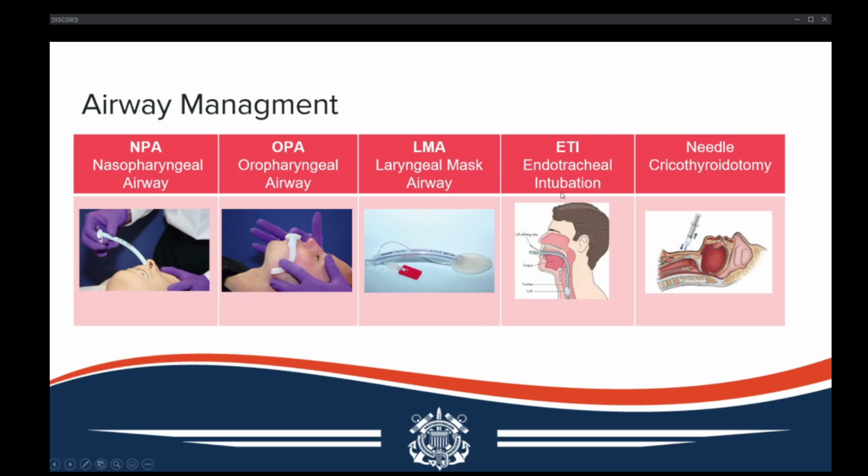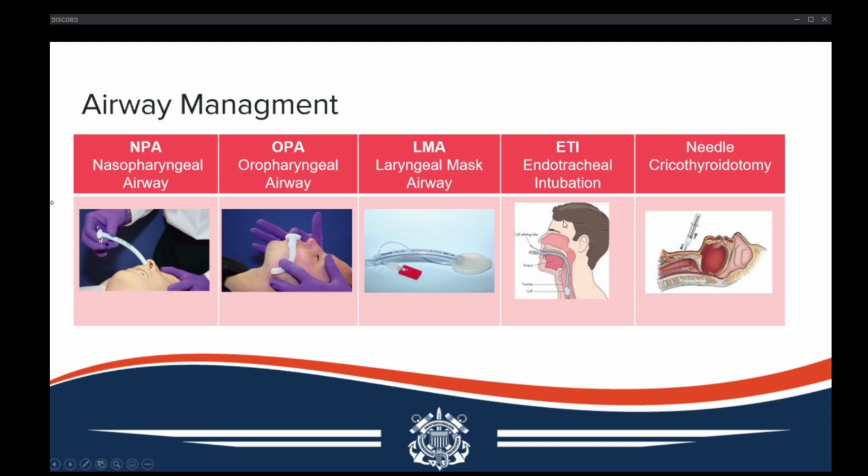So ETI, or endotracheal intubation. This is essentially how they do this in practice: they have a tool attached to the end of this tube, and it helps guide it in. And then once they get it to the place they want, they will inflate this cuff. It's basically a little balloon with another tube running up the inside to inflate the balloon.